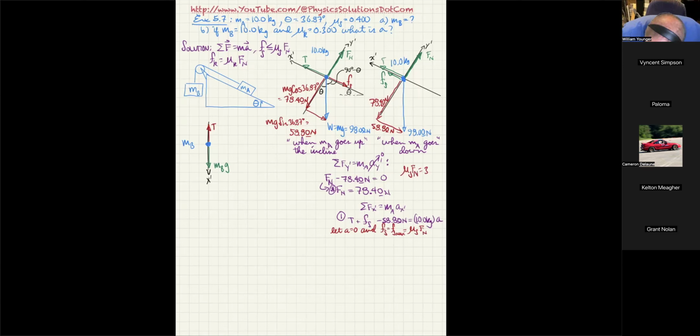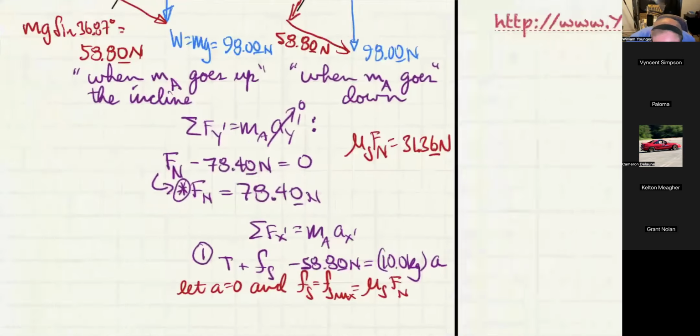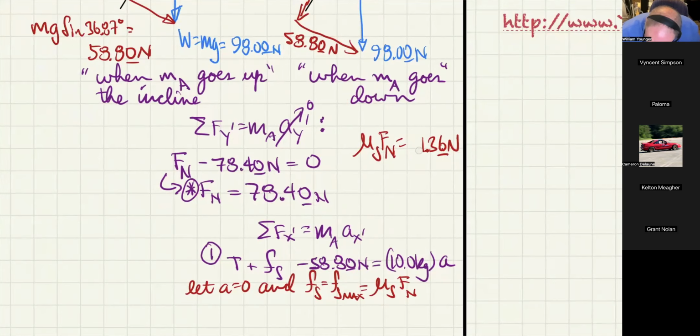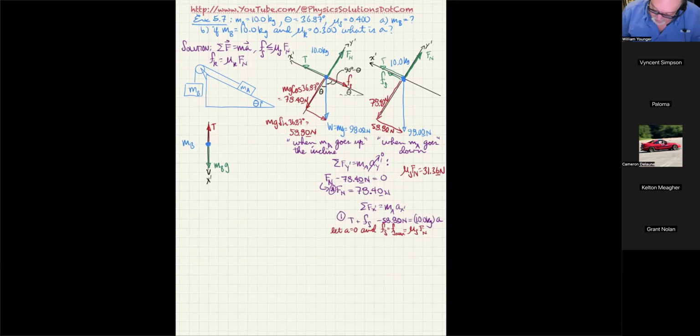So this is 31.36 newtons, and that is the largest friction force that we can actually have here. I'm sorry, that decimal got kind of obscured, so I'll do it like that. So now we have the 31.36 newtons. We know what's going to be there.